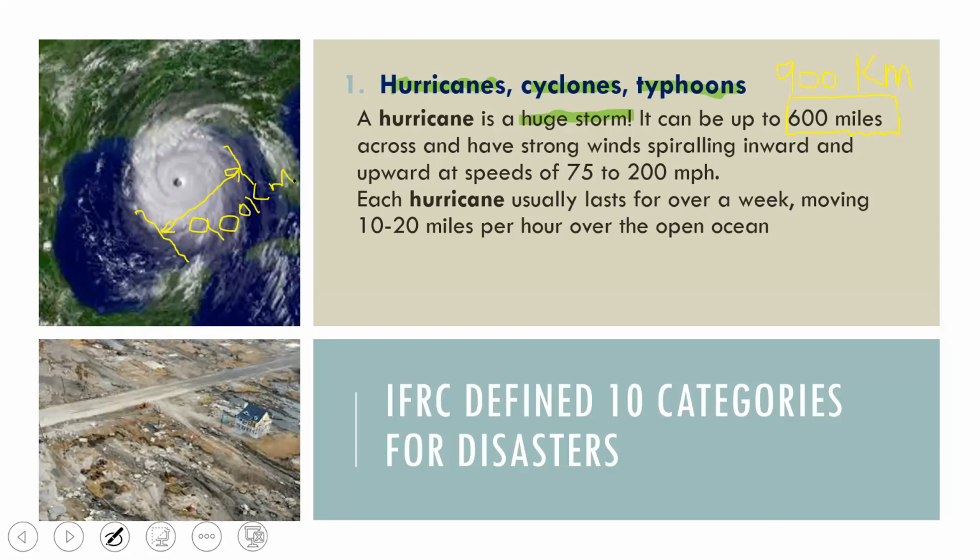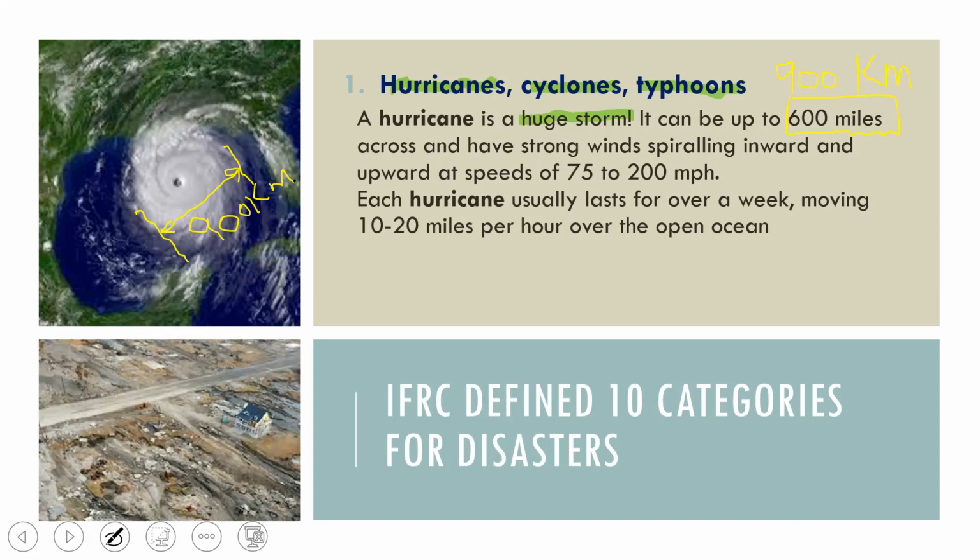That means if we had a hurricane, Cairo and Luxor could be affected at the same time by the same hurricane. The distance from Cairo to a bit beyond Luxor is about 900 kilometers, so all of these could be under the same hurricane, because its area is very huge.